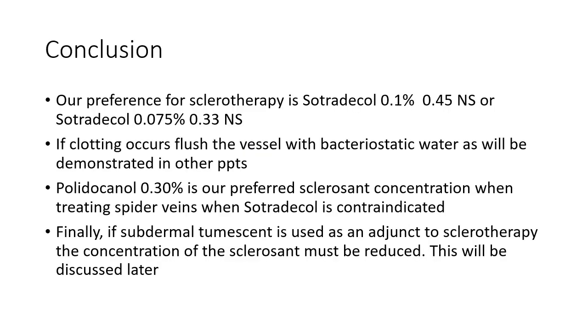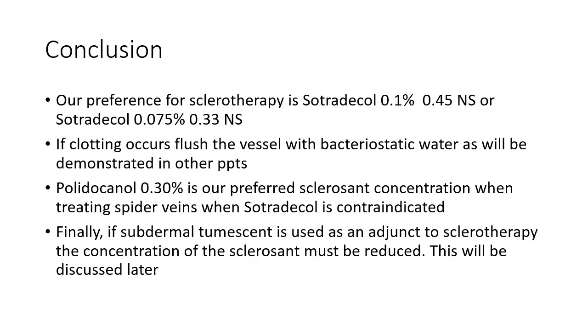So in conclusion, our preference for sclerotherapy is Sotradecol 0.1% half normal or Sotradecol 0.075% 1/3 normal. If you're doing sclerotherapy and clotting occurs, which is manifested by a darkish discoloration of the vessel or that non-refilling quickly, you must flush with bacteriostatic water.